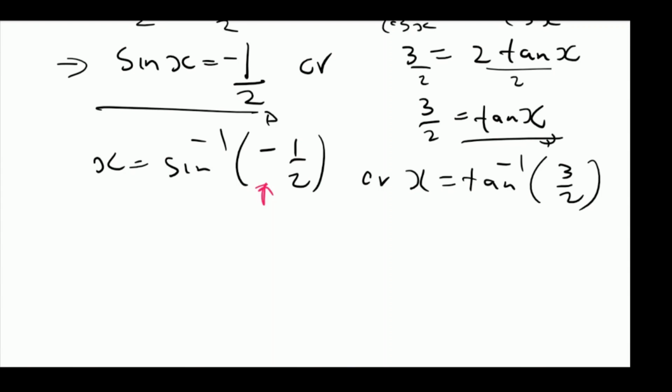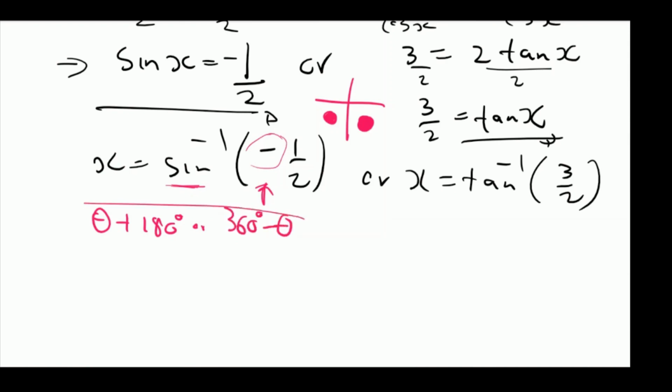What I want you to define this negative as is that it tells you where sine is negative, because this expression is sine and we are having a negative number here. Where is sine negative? It's negative in the third quadrant and the fourth quadrant. So those are the angles you're going to use in the third and fourth quadrant. What do I mean by that? Theta plus 180 degrees is what you're going to use, or you're going to use 360 degrees minus theta.